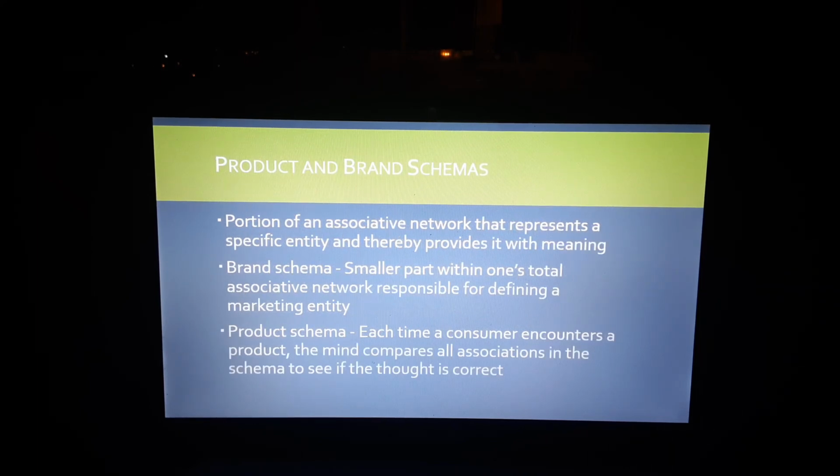So products and brand schemas, marketers are very interested in that because they want you to be sure to associate their brands with certain positive things. So, do you think of Cheerios in a positive way, that kind of thing, and assign some meaning to it.